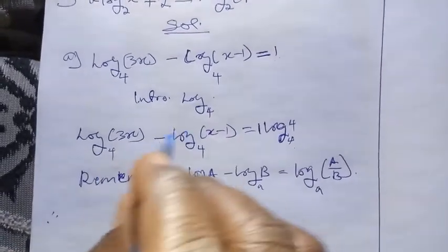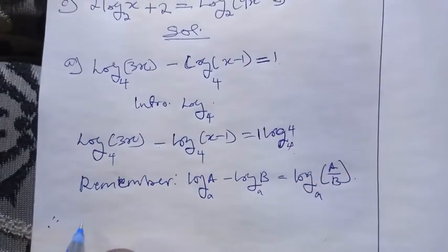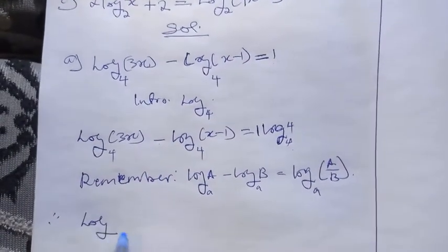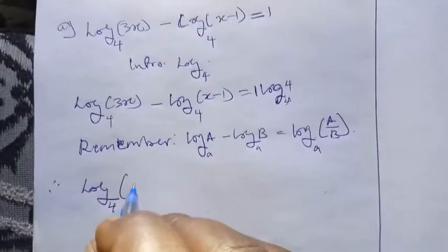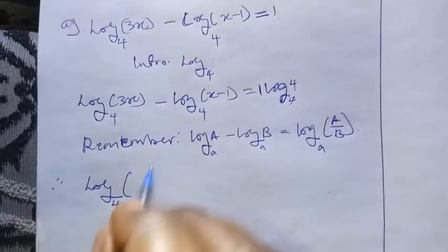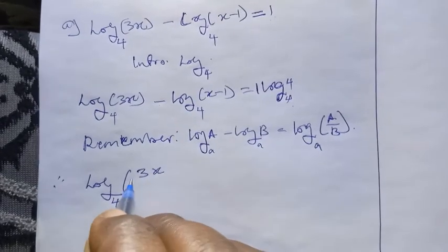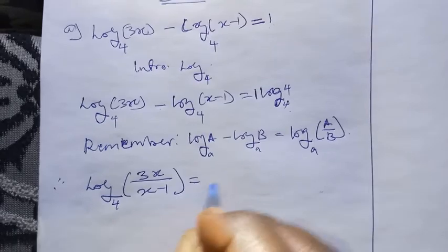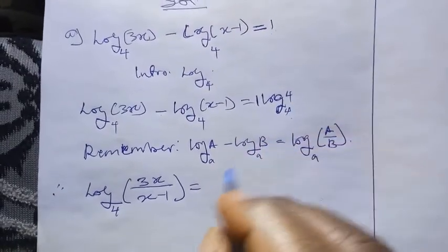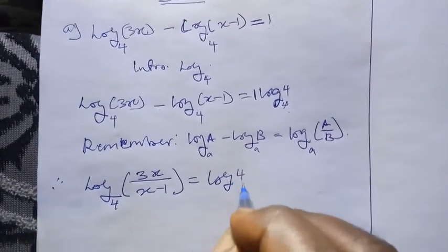Therefore, we can now write this one in this form as log, the base is 4. In bracket, I can have what? This divided by this, 3x divided by x minus 1. Everything is equal to 1 times log 4 base 4, which is still log 4 base 4.